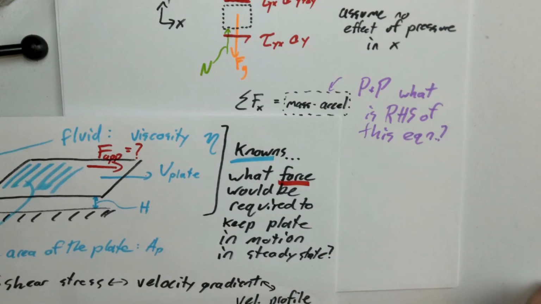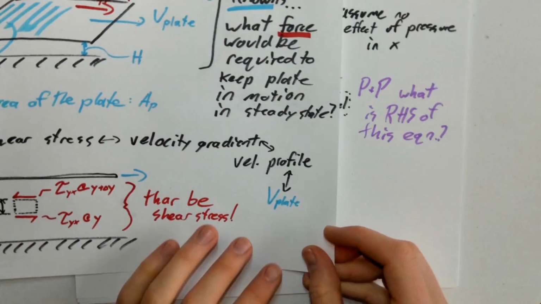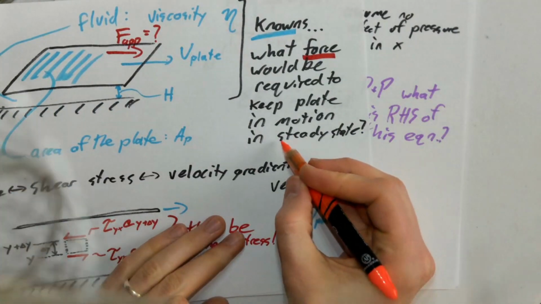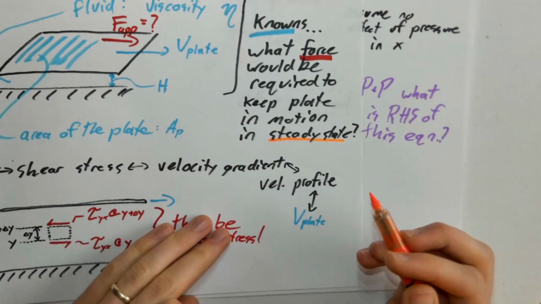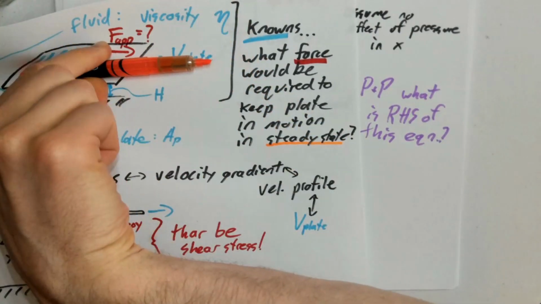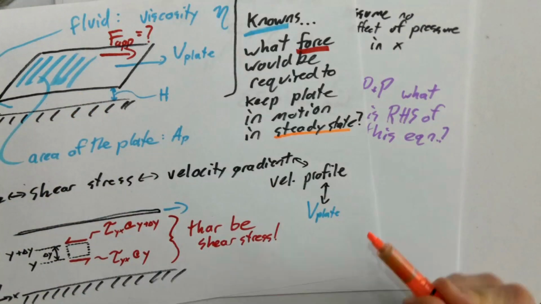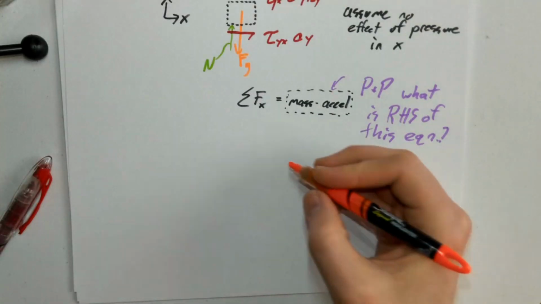So hopefully you paused and pondered. The key thing here is we have information about what's going on. If we consider steady state, the top plate is moving at some constant velocity, and all the fluid in this is also going to be moving at constant velocity.